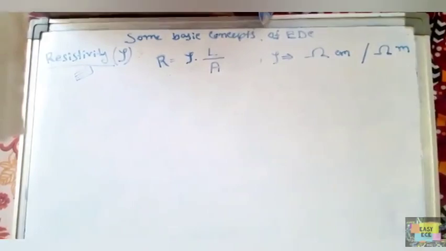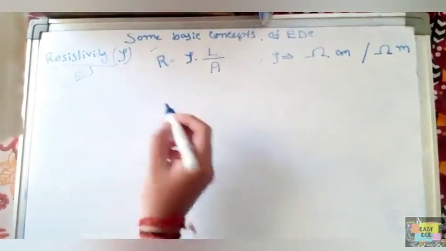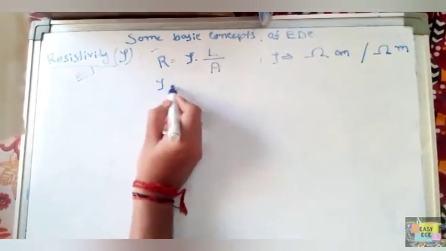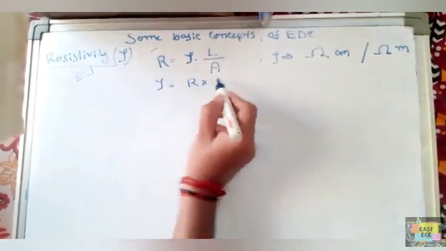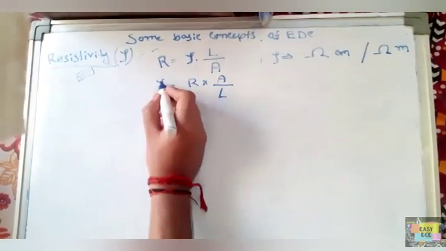This is the unit of resistivity. And this is the main formula you can remember, that is how we define rho: rho equals R into A, that is cross section area, divided by length of the material.